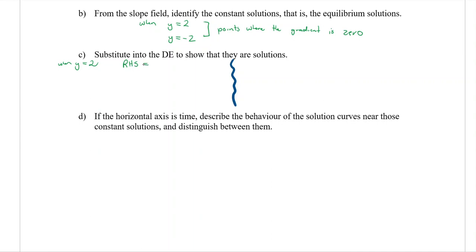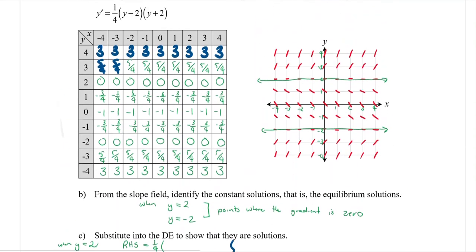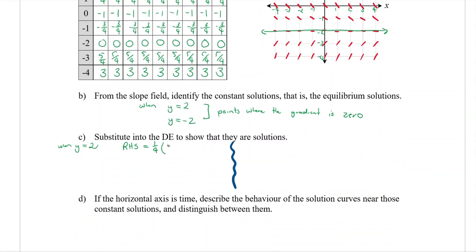On the right-hand side of my equation, I have a quarter bracket, then y minus 2, so it's going to be 2 minus 2, and then 2 plus 2. Now, because of that middle bracket, the 2 minus 2, that's where the 0 comes from, right? That is equal to 0.